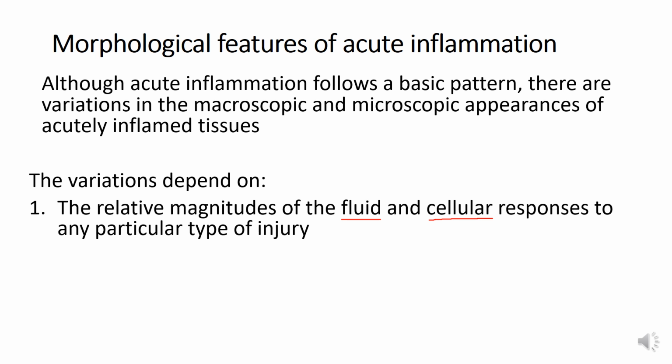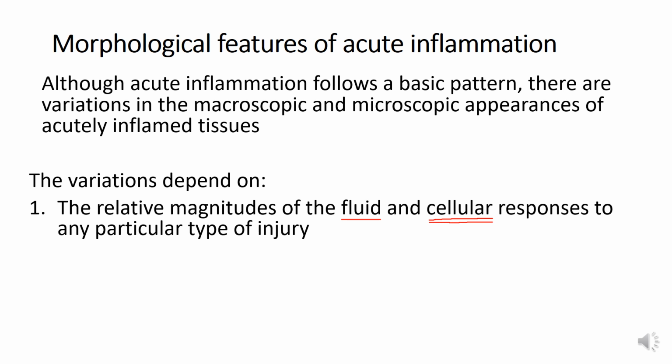That is to say that if the causative agent for the inflammation is predominantly infective in nature, or it started off from a different type of injury, but with time there could be superimposition of bacterial infection, in that case the white blood cells will be abundant. There will be many at the site of inflammation. In that case, you are likely to end up with pus formation.